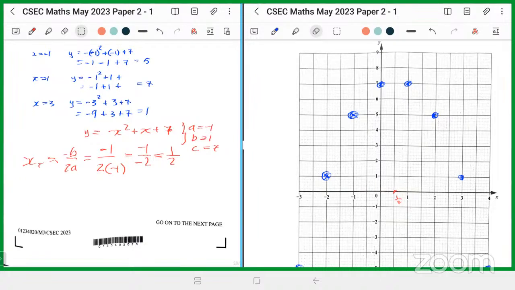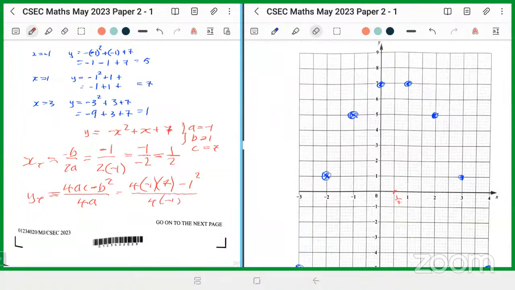All right, so I can calculate the yt and show that it's a value greater than 7. So we can calculate yt the normal way. yt equals 4ac minus b squared, divided by 4a, which becomes 4 times the a, which is -1, times the c, which is 7, minus the b, which is 1, squared, divided by 4 times a, and the a is -1.